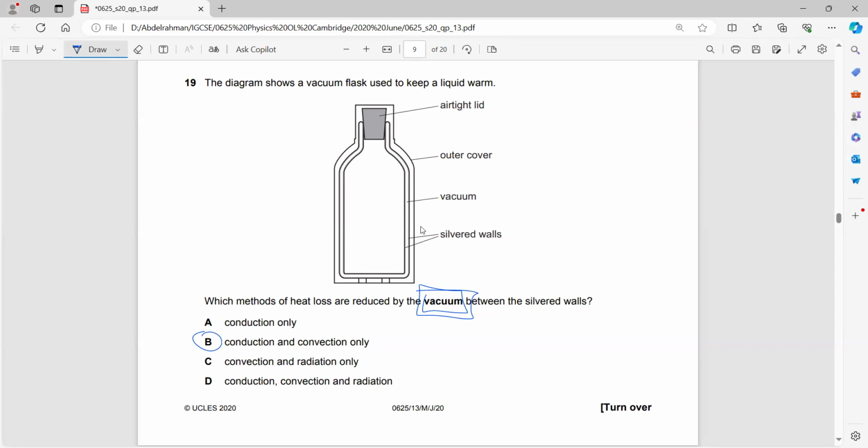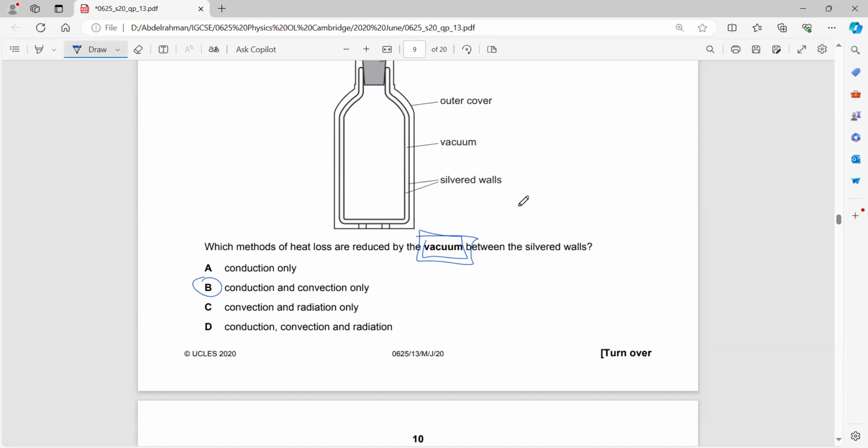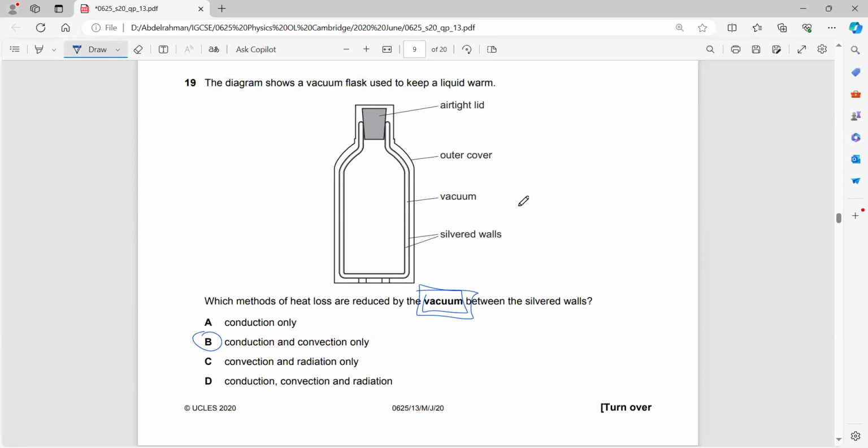Why? Because infrared radiation is the only way in which we can transfer heat in a vacuum. So basically, a vacuum can stop conduction and convection, because there are no molecules in the vacuum.